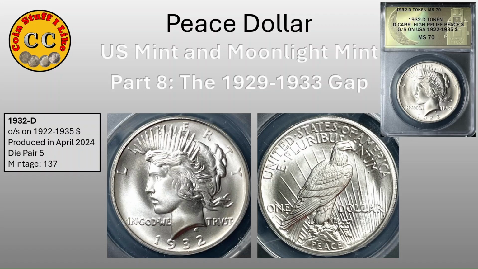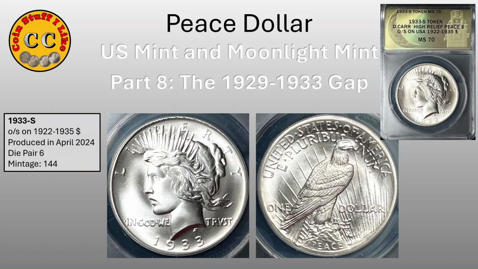So let's look at the last one in this fantasy gap between 29 and 33. This one being the 1933S. Like the other four, April 2024 was when they were produced at the Moonlight Mint. This one had a mintage of 144. This one made MS70.